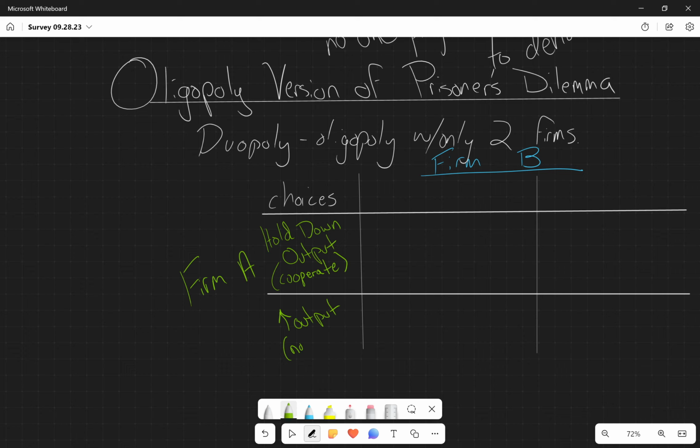I guess we could say this would be competing. And firm B is also going to have a similar hold down output, co-op, or increase output, which is to compete.